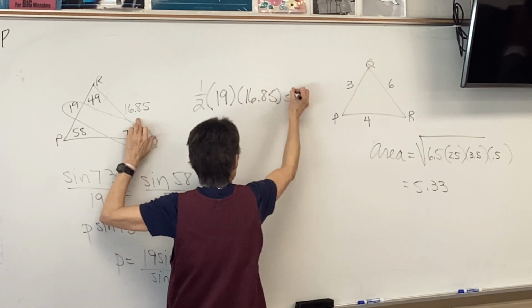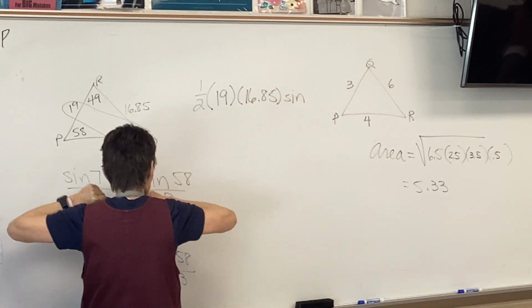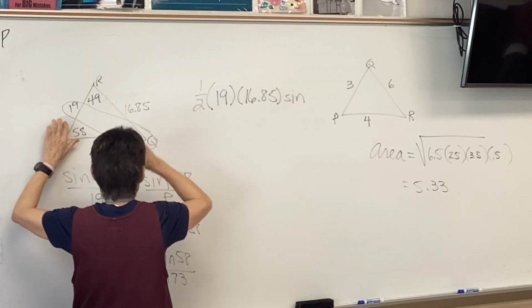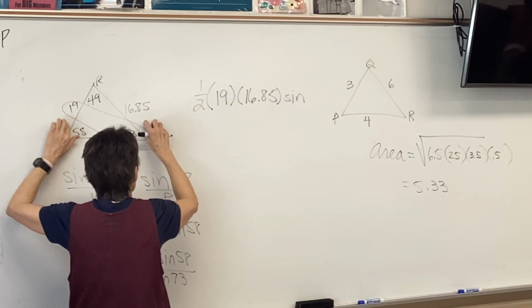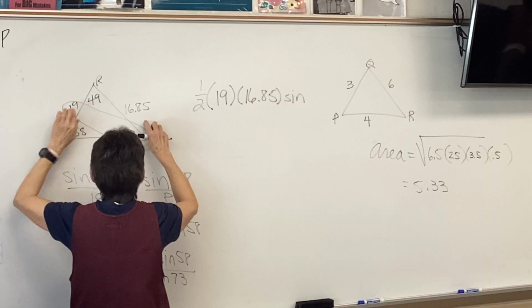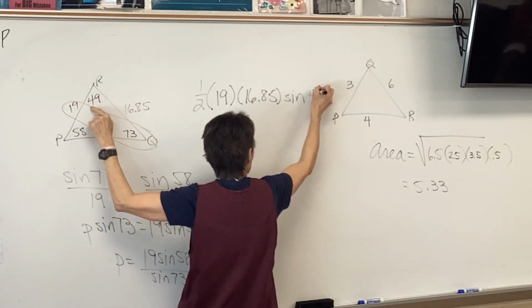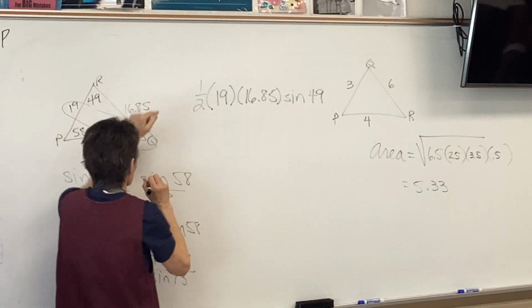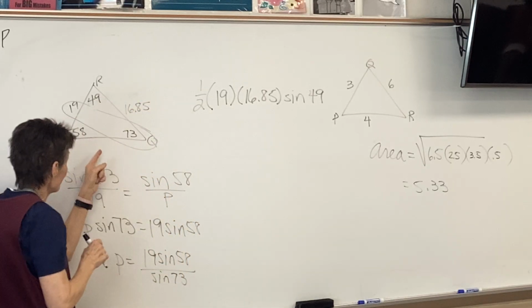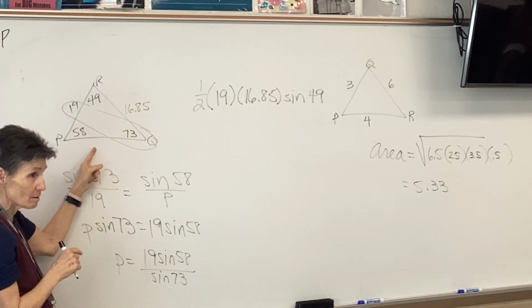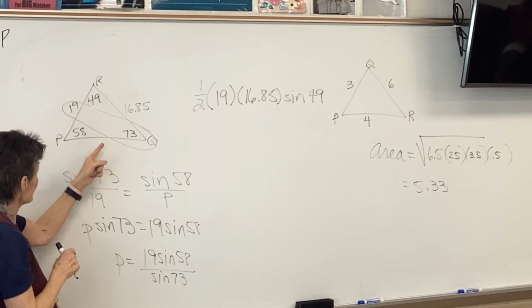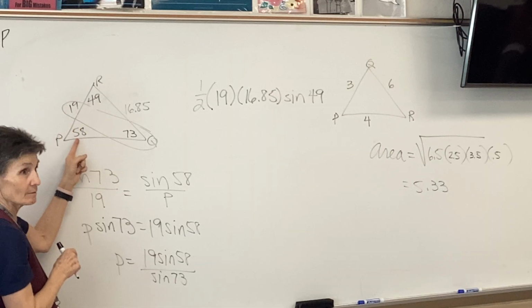Now, be careful. It's 1/2 side, side, sine of the angle between. So it's got to be sine 49. If you would have found R down here, then you would do 19 R sine 58.